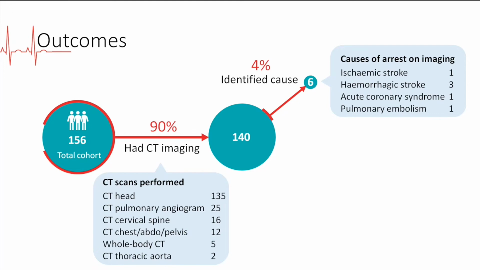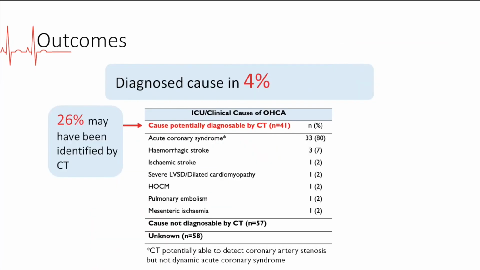They looked at CT head, CT chest, or whole body scan. Whereas although 90% of our patients were imaged, actually the most common scan was CT head. So not many of them got scans beyond that. So only 12 of them got CT chest, abdomen, pelvis, and 5 got whole body scan. So maybe that's why we didn't find as many causes, because we didn't scan as much of our patients.